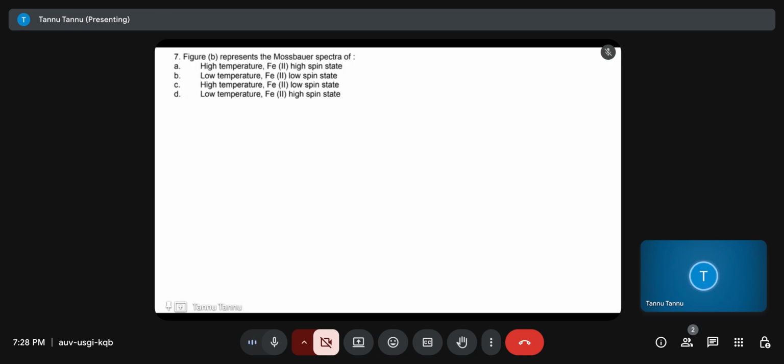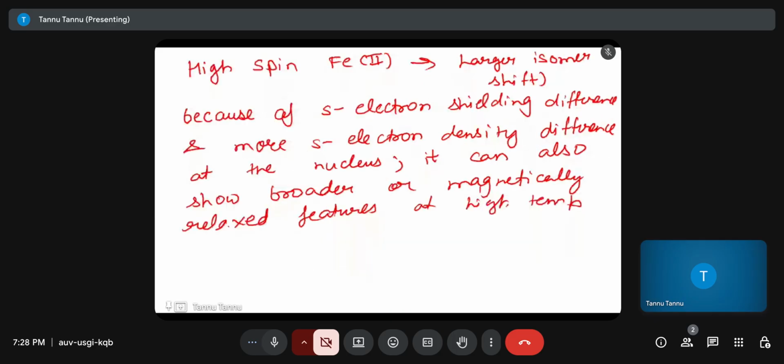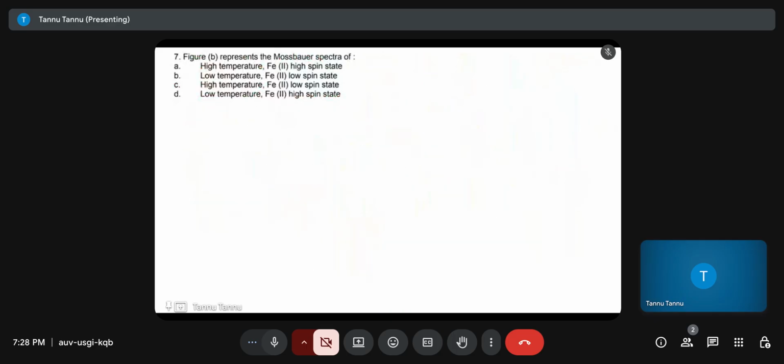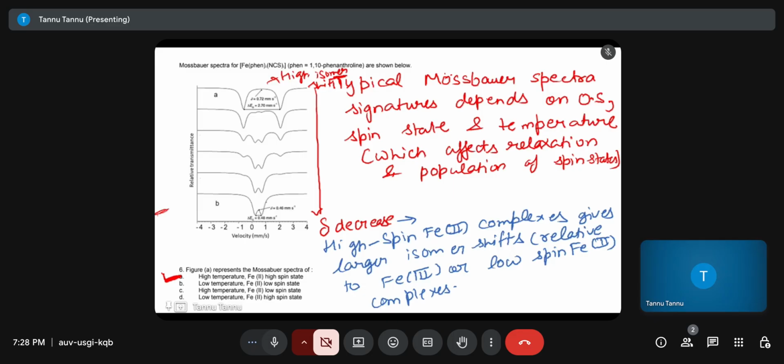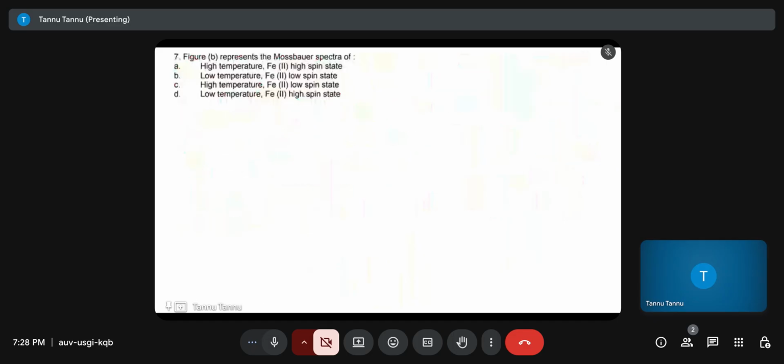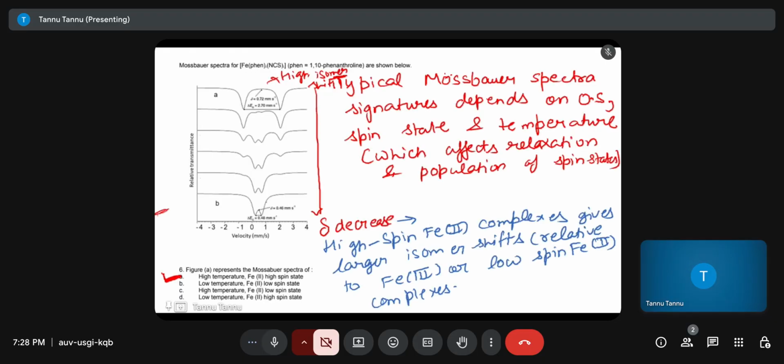The next question is, figure B represents the Mossbauer spectra of. So figure B is basically at a lower isomer shift.